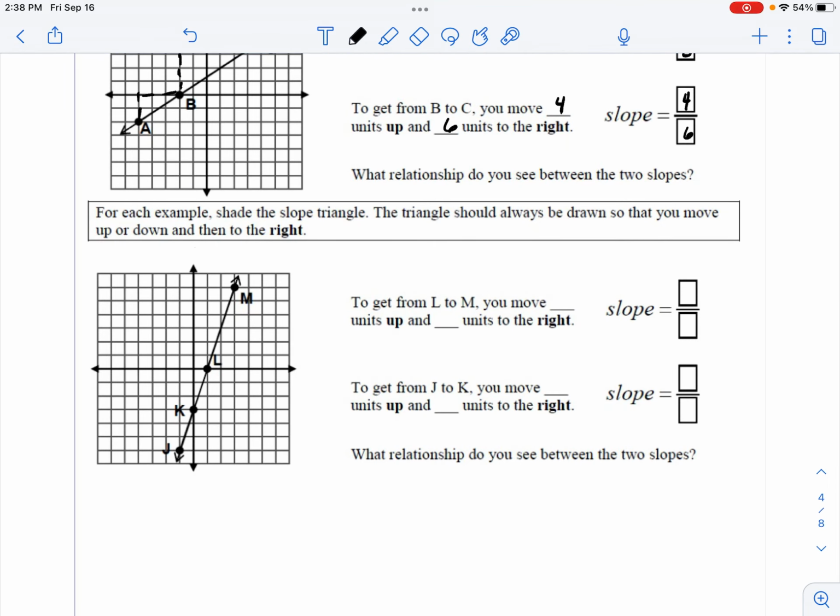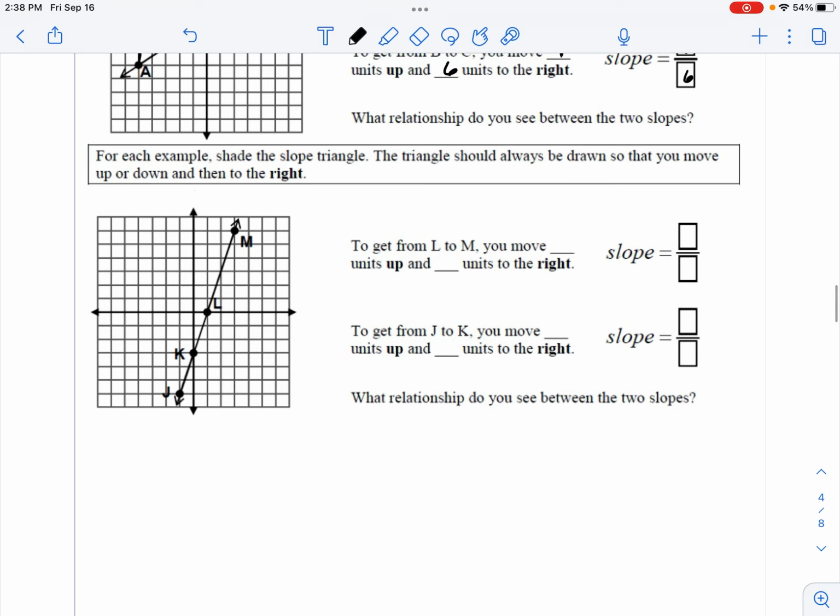All right, next one. So to get from L to M, so we go up 1, 2, 3, 4, 5, 6, and over 2. All right, so we went up 6 over 2.